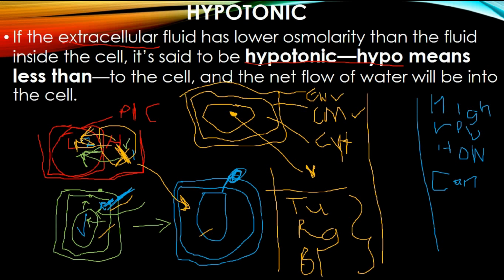So when the water moves into the cell, then it becomes a hypotonic situation, not outside of this Petri dish. So go again for me. The water inside of the Petri dish is high in concentration, and inside of the plant cell is lower in concentration. Very good. So when water moves from the Petri dish or outside of the plant cell to inside of the plant cell, it will be known as hypotonic.